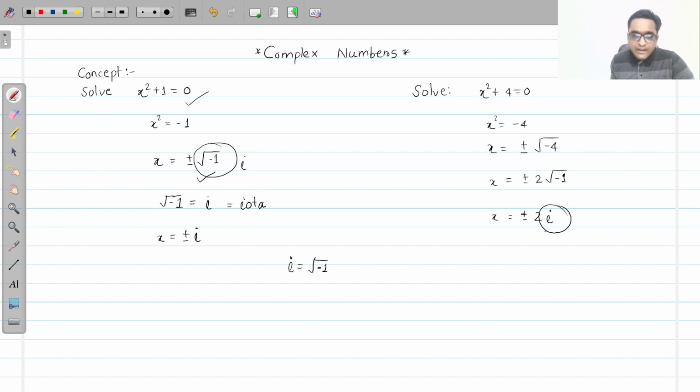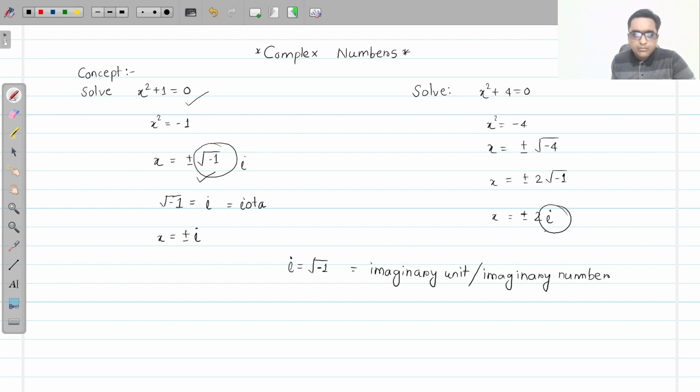So this i is known as the imaginary unit or imaginary number.